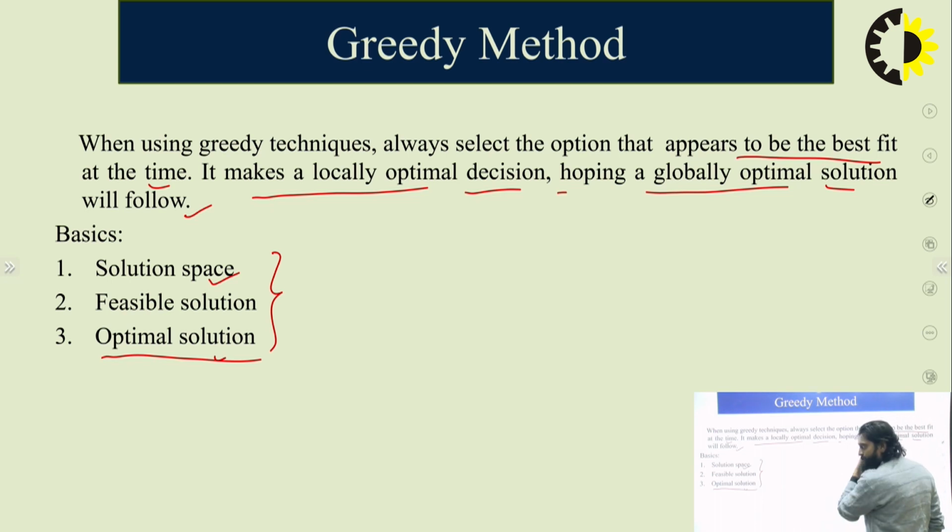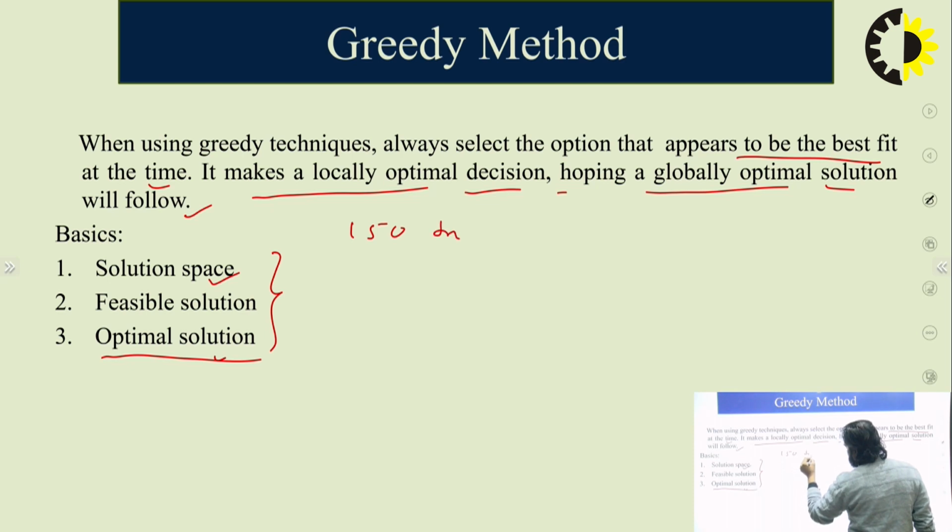Let's take an example to discuss the working process of greedy methods. We find the top 10 students in a given class that has a total of 150 students.